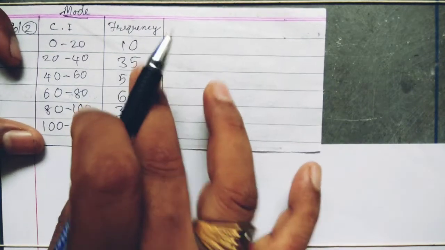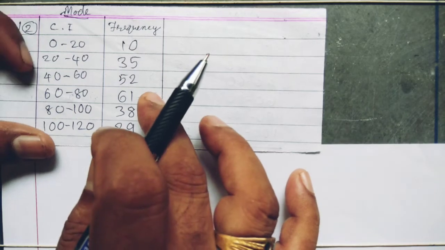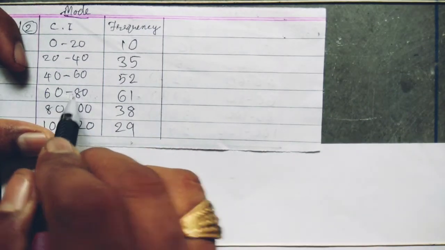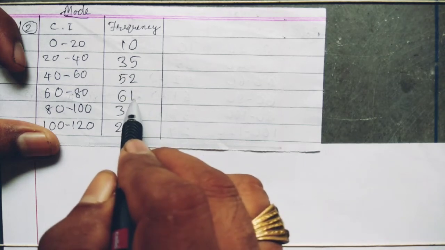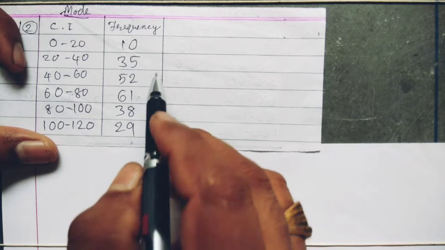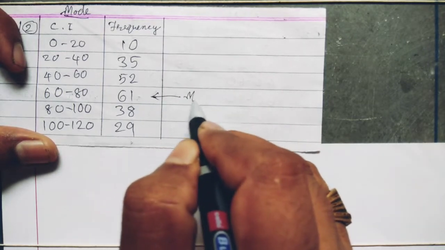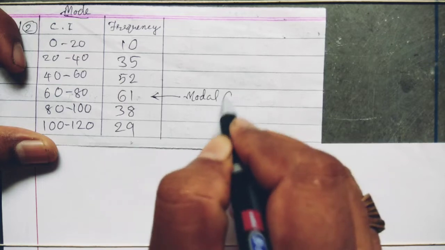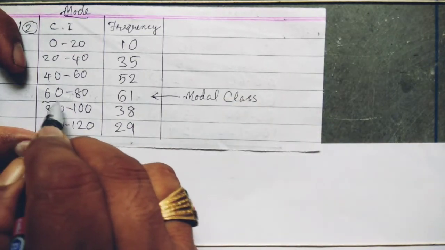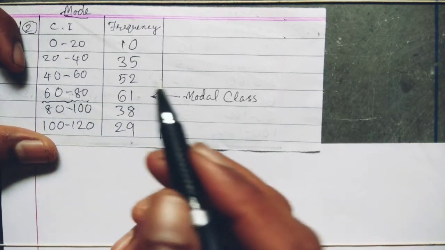By observing frequencies. The class interval with the largest frequency is the modal class. Here 61 is the highest frequency. So that's why this is the modal class. So the modal class is 60 to 80.